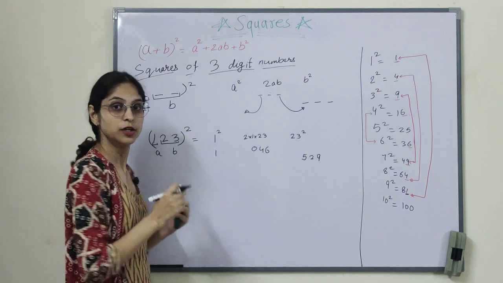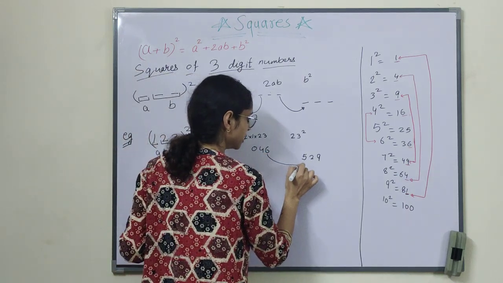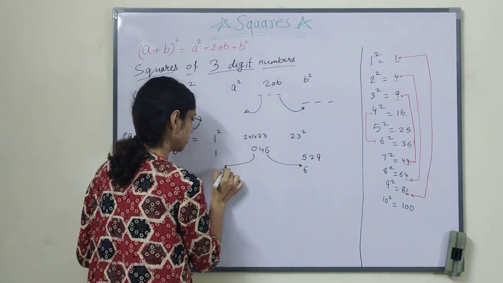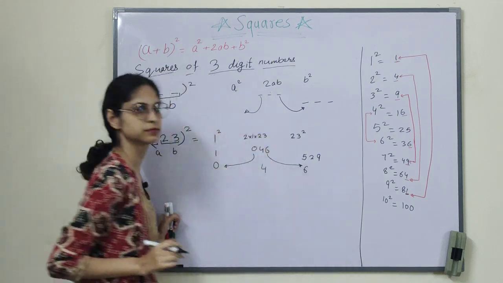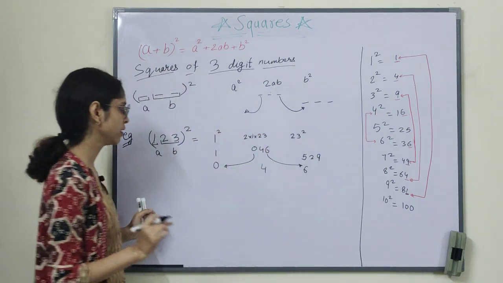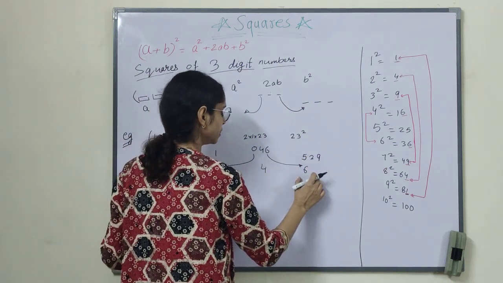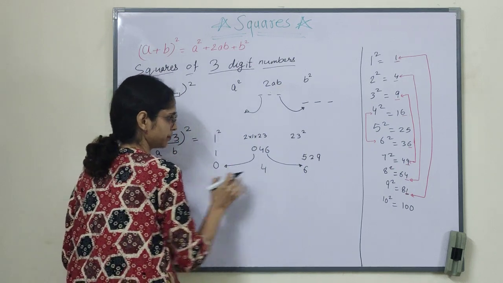Okay. Now understand the process very carefully. 6 I will move here. The 0 I will move here. 4 I will keep here. Okay. So what I am doing? I am moving 6 over here. I am keeping 4 here and I am moving 0 over here.